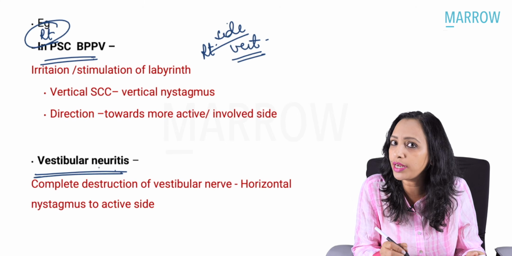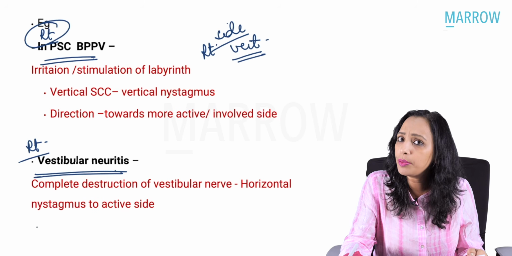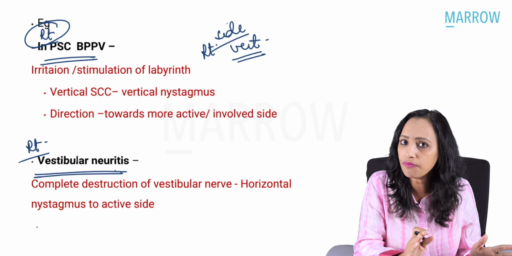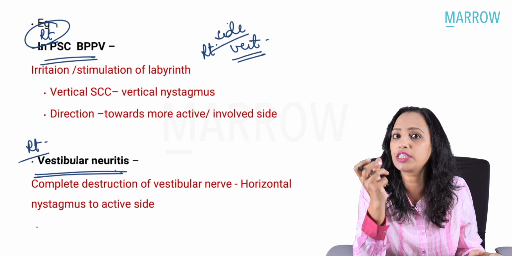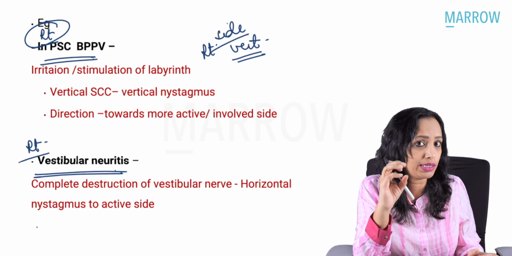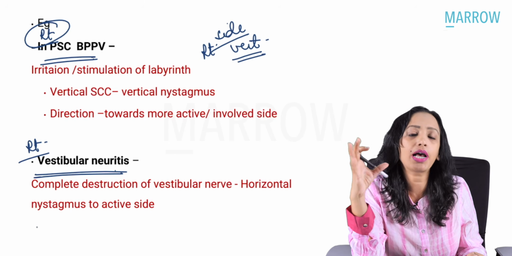Similarly, if vestibular neuritis. What is vestibular neuritis? If I am telling you that this patient has a right vestibular neuritis, what will be the direction of nystagmus? Vestibular neuritis is an inflammation of the vestibular nerve. So one side nerve is gone, and the complete labyrinth of that side becomes hypoactive.